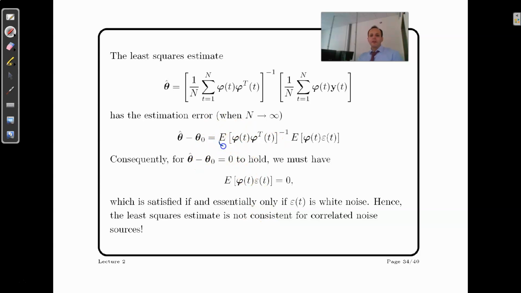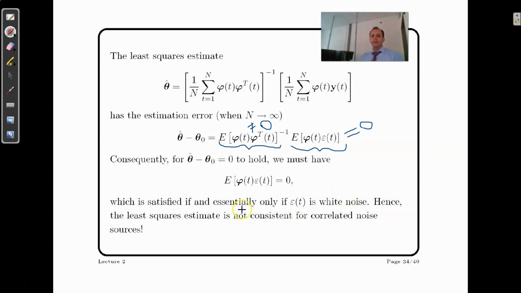So if you assume that this term is always different from 0, you can invert it. So in order to have that your estimation is consistent or unbiased, you need to have that this term is equal to 0, if you agree with it.